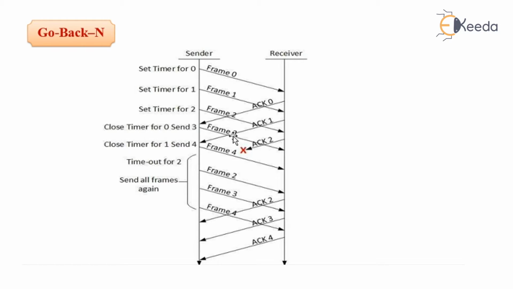Despite having sent the 3rd and 4th frames, the sender sends all the frames starting from 2 because there was a loss of frame number 2 at the receiver. Once these frames are retransmitted and the acknowledgement is received, the process continues.